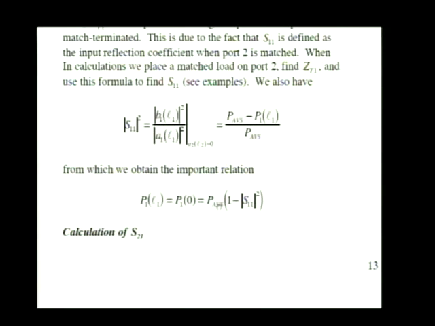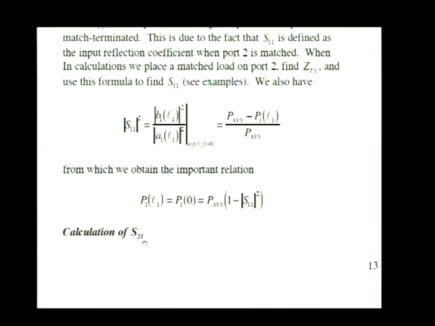And thinking back to the equation that said that the power was equal to the available power, the incident power, minus the reflected power, that tells us that PAVS must be the incident power, and PAVS times magnitude S11 squared, that's the reflected power at port 1. The amount of that incident power that doesn't make it into the two-port network, but instead is reflected right off of port 1 back toward the source.